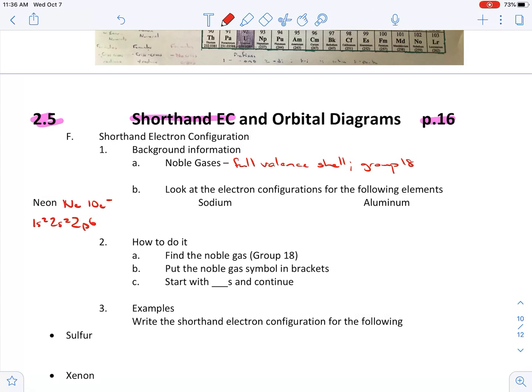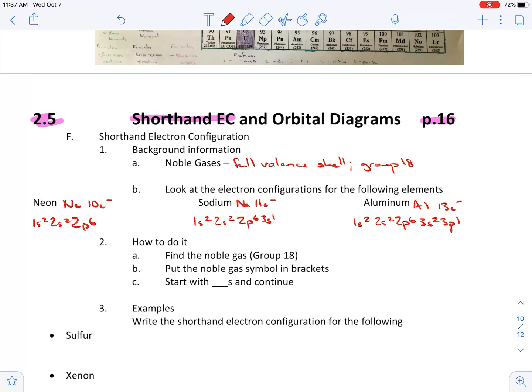Now, sodium is Na, and it has 11 electrons, just one more than neon. So we would say 1s2, 2s2, 2p6, 3s1. Awesome. Now aluminum, Al, has 13 electrons, a couple more than neon. So 1s2, 2s2, 2p6, 3s2, and then 3p1.